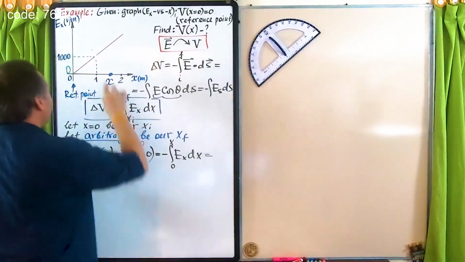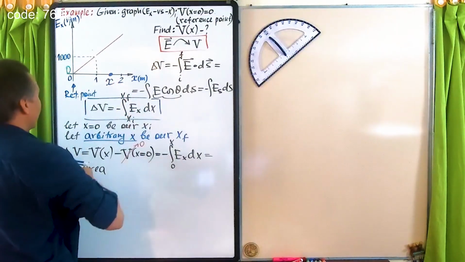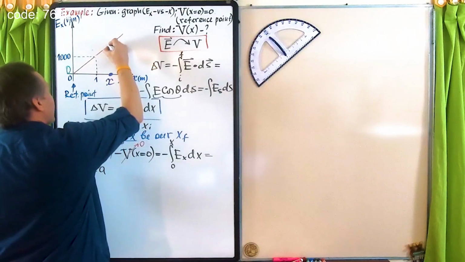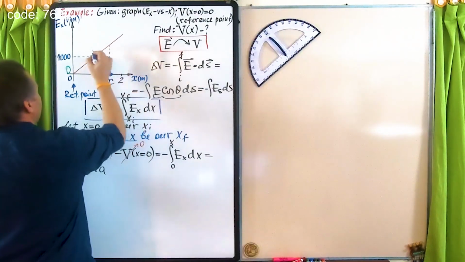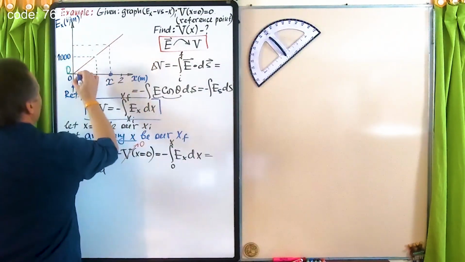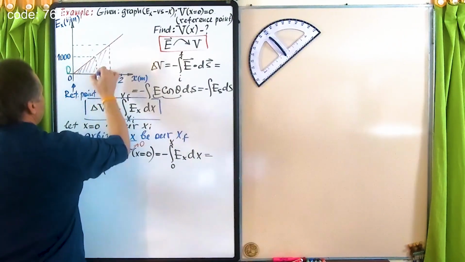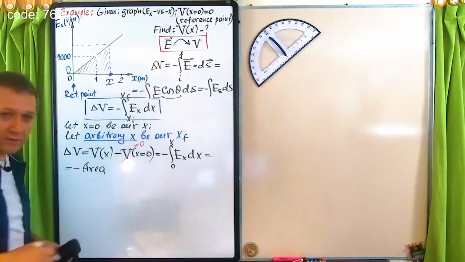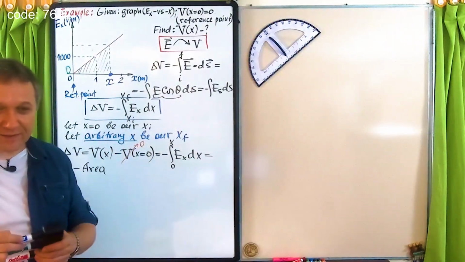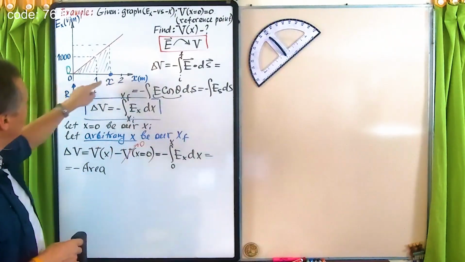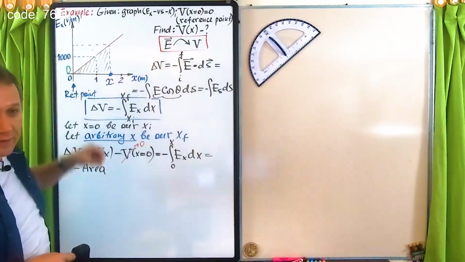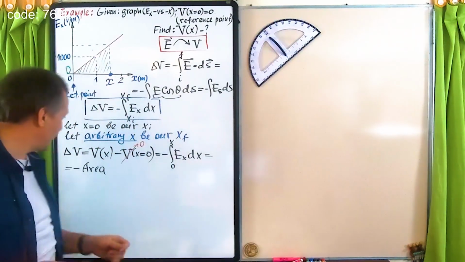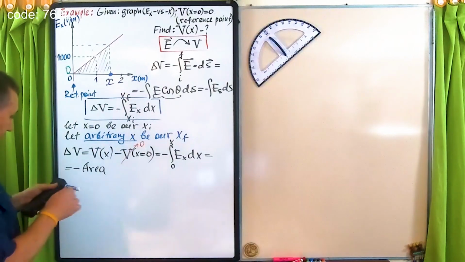Right, I need to draw this line. So we need to find the area under this curve. So that's the area: our initial point, our final point. So we just need to find the area, and minus in front. Don't forget about the minus.